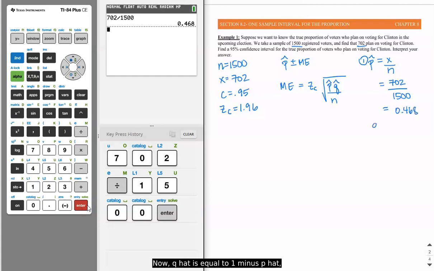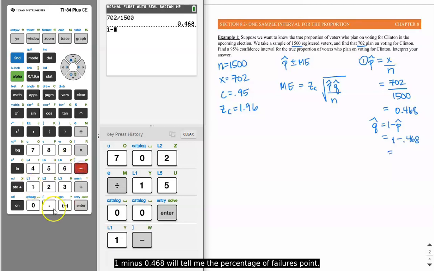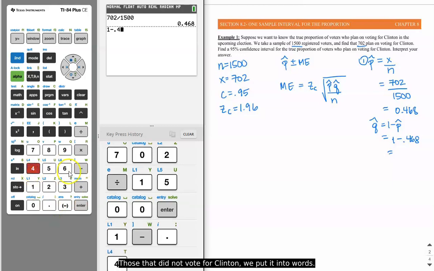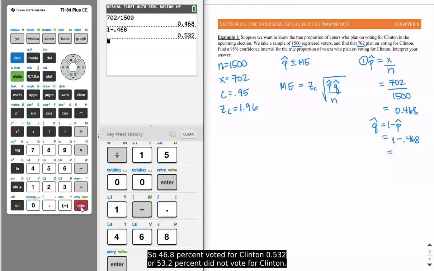And now q hat is equal to 1 minus p hat, the percentage of failures. So 1 minus 0.468 will tell me the percentage of failures, so those that did not vote for Clinton, if we put it into words. So 46.8% voted for Clinton, and 0.532 or 53.2% did not vote for Clinton.